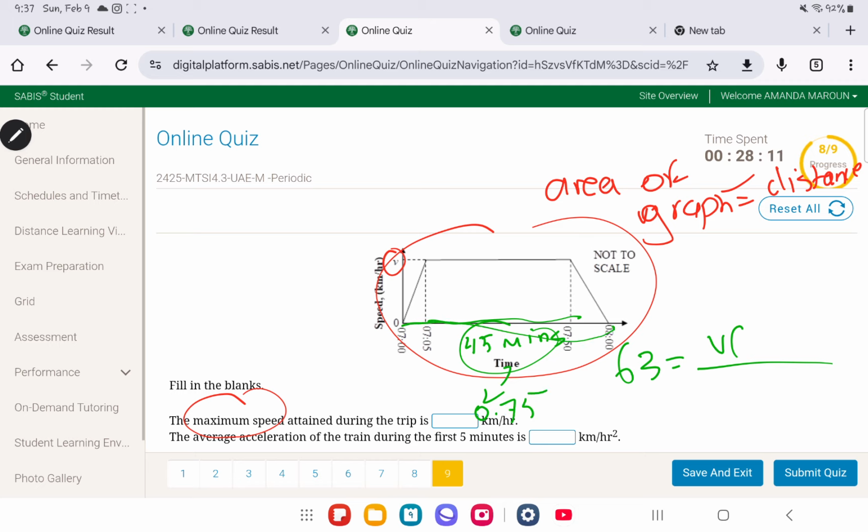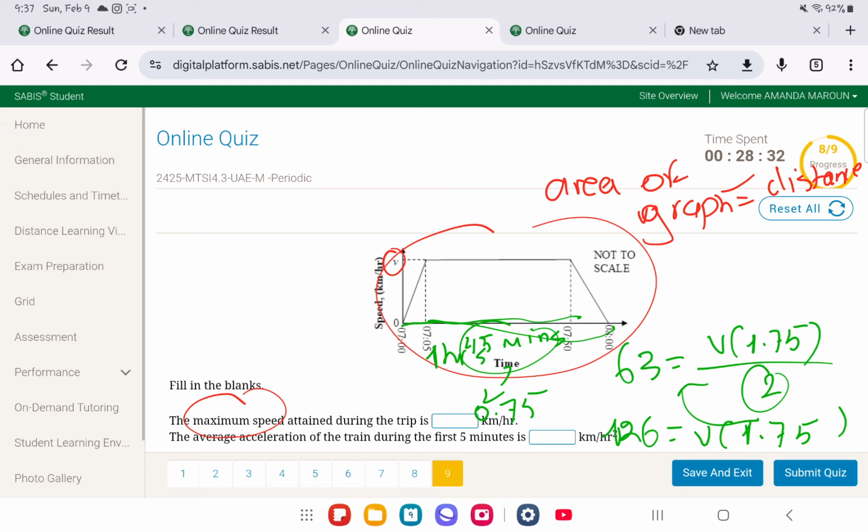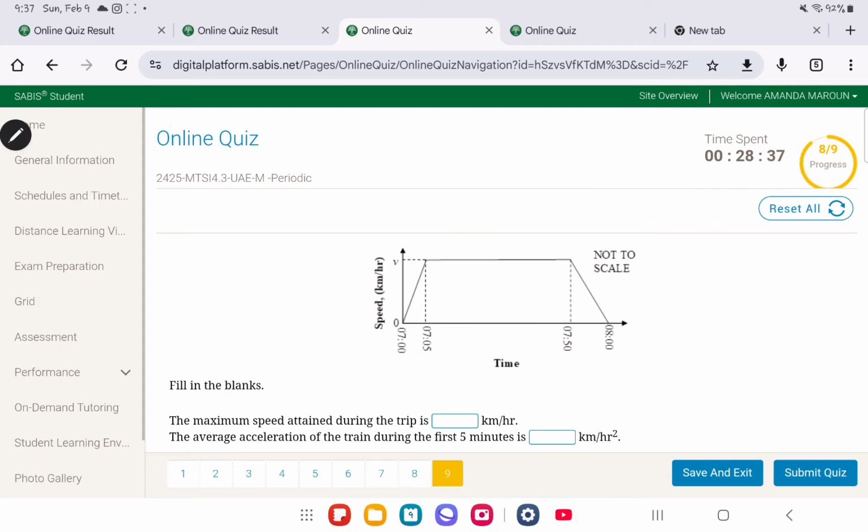And then the bigger base is 1 hour. So 1 hour plus 0.75 hour is 1.75, over 2. So multiply by 2, 63 times 2 is 126. 126 is equal to v times 1.75. Divide both sides by 1.75. You are going to get that v is equal to 72 kilometers per hour.